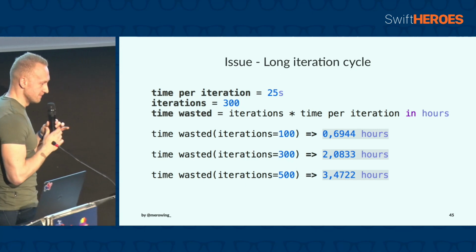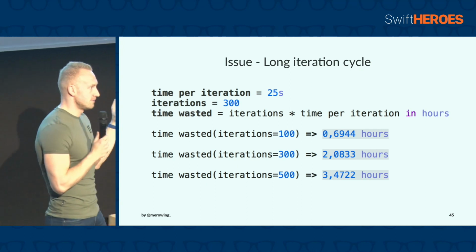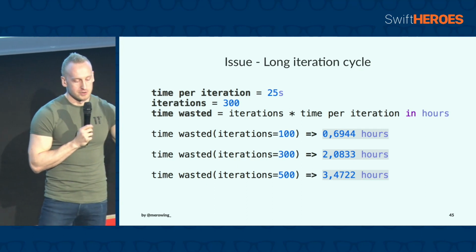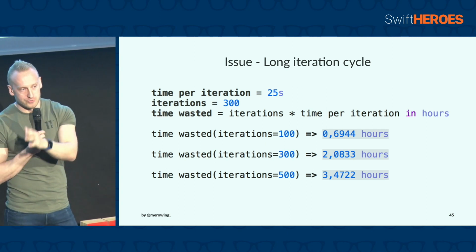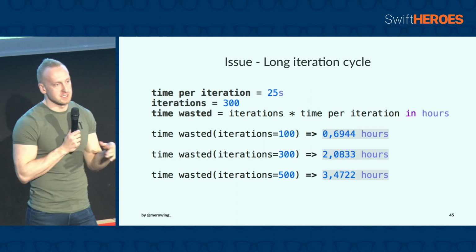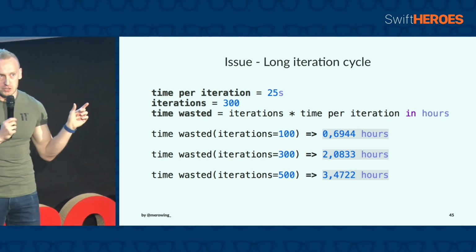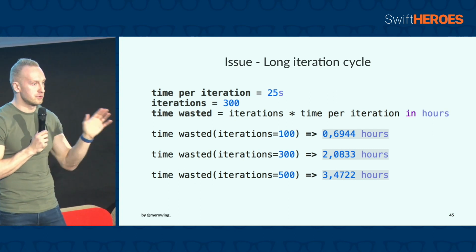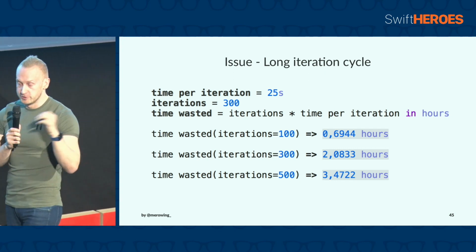Let's first run some math, so you have the exact details. So the time per iteration between building the project, restarting the simulator, getting into the same screen and configuration you were on, let's assume it's like 25 seconds, might be less, doesn't matter. As I mentioned, I measured how many iterations I do per day, and it was a minimum of 200 to 300, so let's use the 200, and then we multiply that.